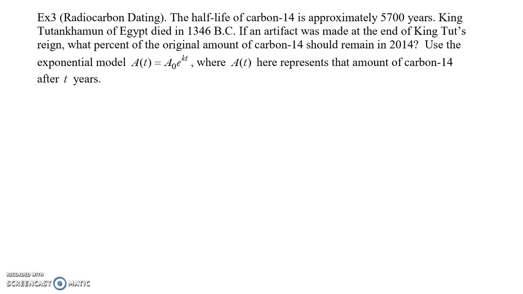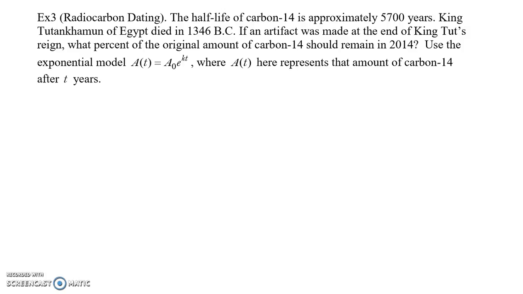Our next example, example 3, involves the method of radiocarbon dating, where a radioactive isotope of carbon, carbon-14, is used to date certain artifacts. These are artifacts that contain carbon, so they would have organic material within them, for example wood or bone.